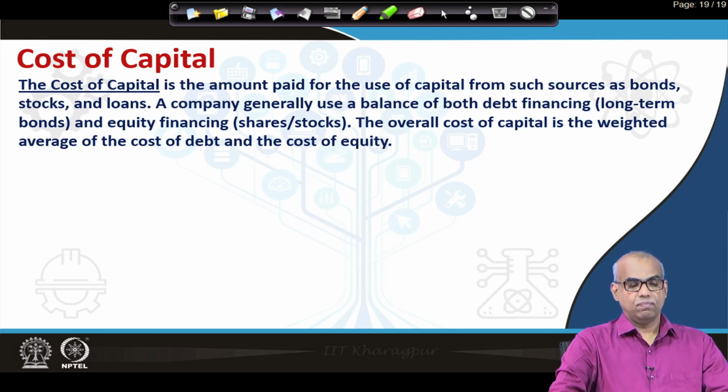The cost of capital is the amount paid for the use of capital from such sources as bonds, shares or stocks, and loans. So, a company raises funds from such sources. They issue bonds, they issue shares and accumulate money from the general public. A company can also take loans from lenders. Now, companies generally use a balance of both debt financing and equity financing.